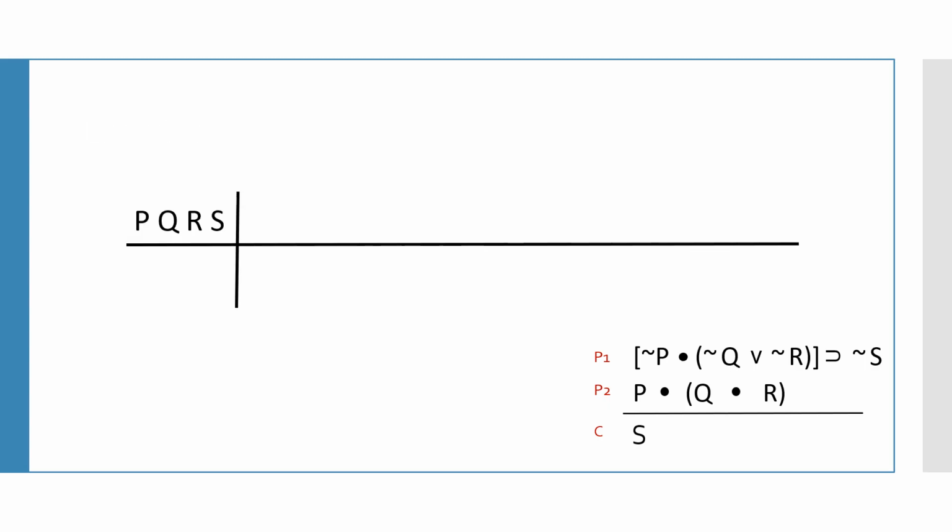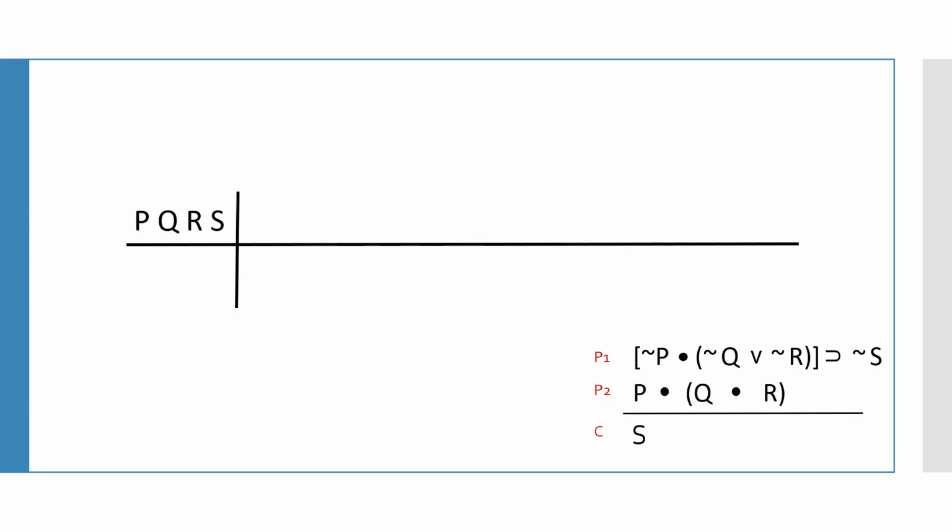So in this case, we have 4 different terms. And of course, if we wanted to use a full-blown truth table, we would need 16 lines, and things start to get messy very, very quickly. So again, the advantage of an indirect truth table is that it allows you to skip all of the tedium of placing little trues and falses on 16 lines under every single possible term and operator in the original argument.